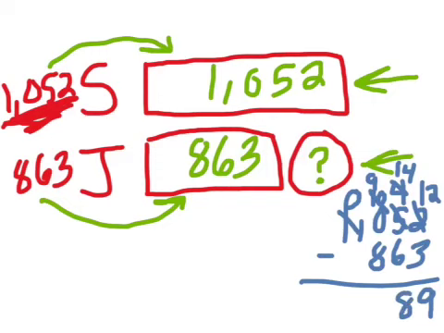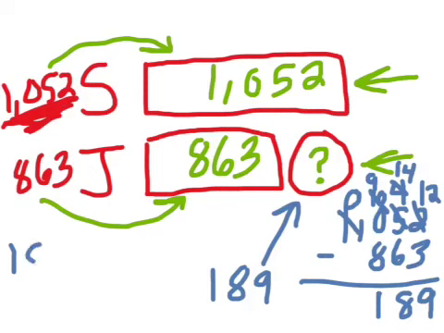Yep, it's 8. 9 minus 8. 1. Good. So my number is 189. That's what number goes in the more or fewer circle. So when it asks how many more history books does the Sunnytown Library have than the Judson Library, I would say 189 more books.